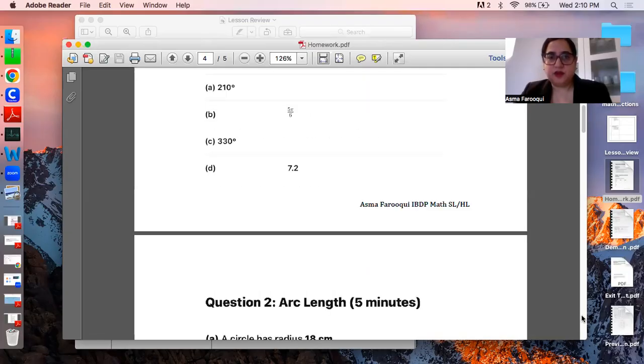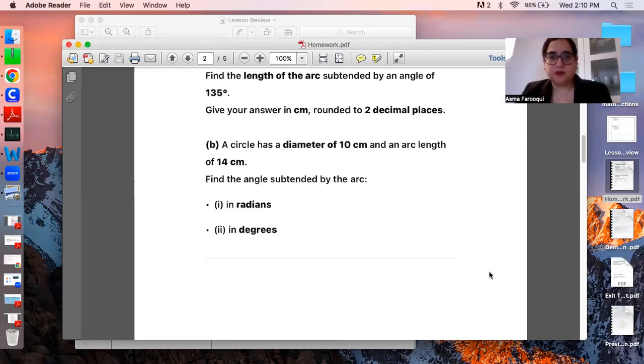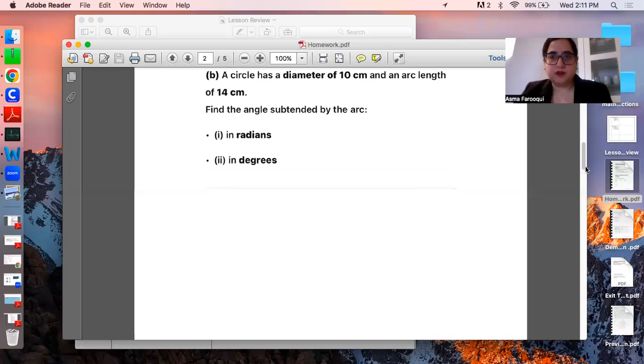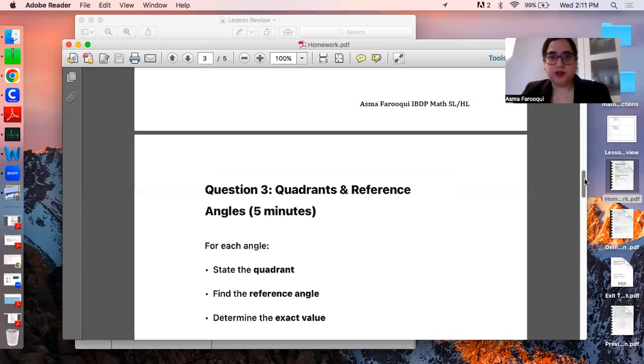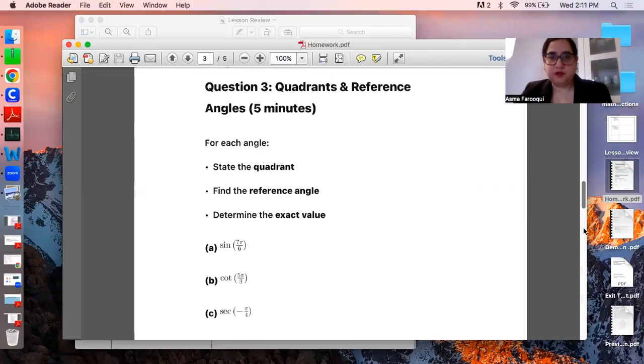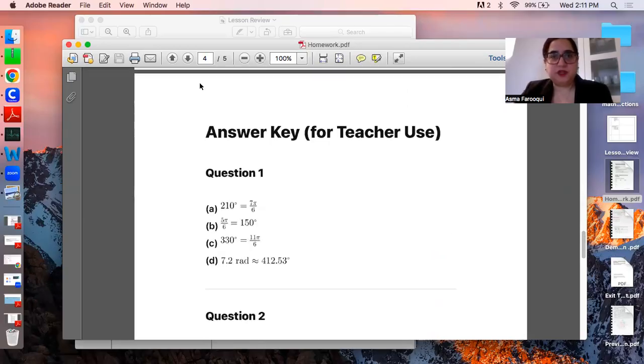I have also written the time they need to spend on each section in the homework. And I have also created an answer key for teacher use, which I'm going to share along with my demo lesson.